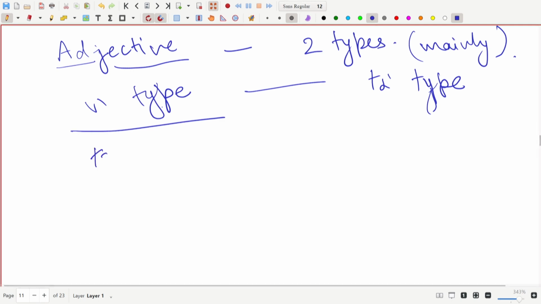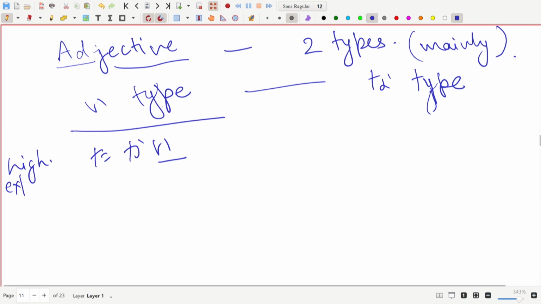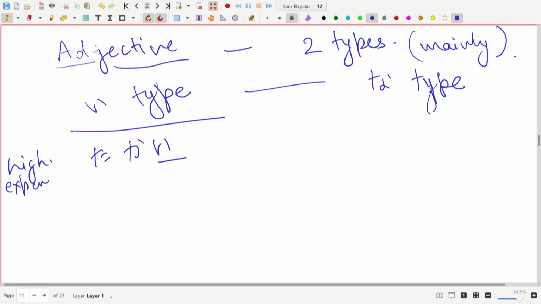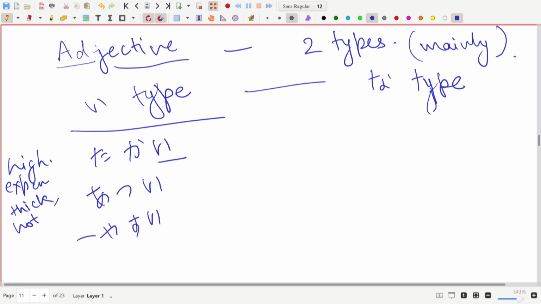For example, takai. Takai is high or expensive, both. Atsui, which is thick and hot, both. Then yasui, which is cheap.